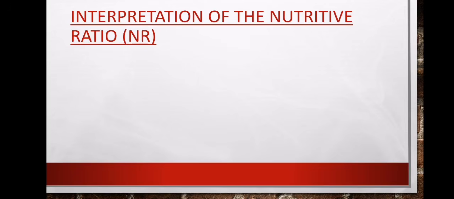We have a narrow ratio and a wide ratio. I want you to understand the differences between these 2 ratios. I will start with the narrow ratio. A narrow ratio is an NR that is 1 is to 6 or less. Once you are at 1 is to 6 downwards, we then say it's a narrow ratio.